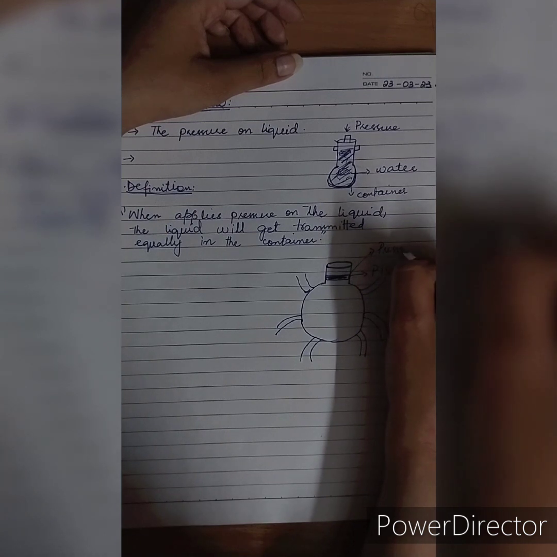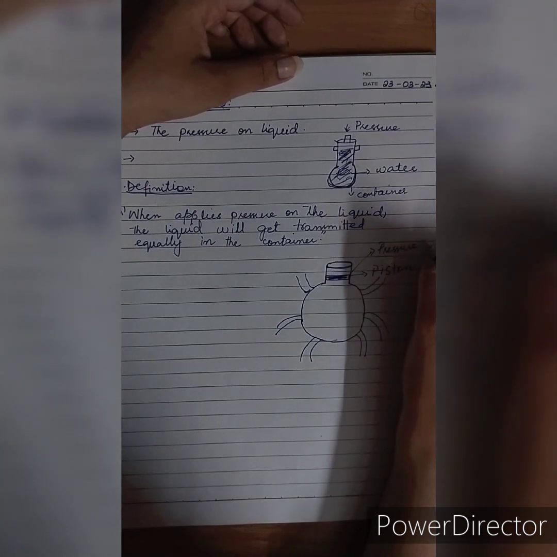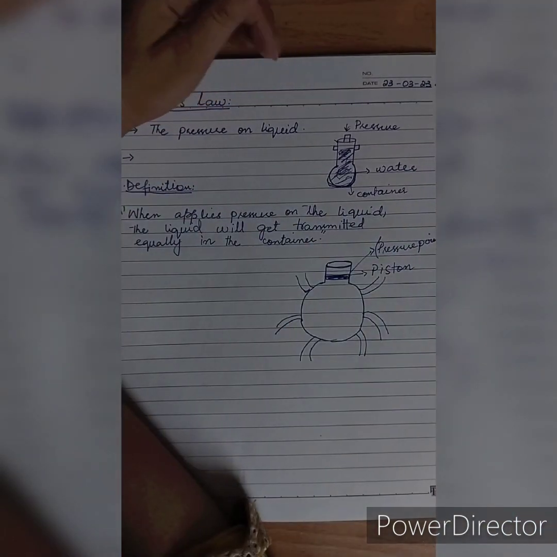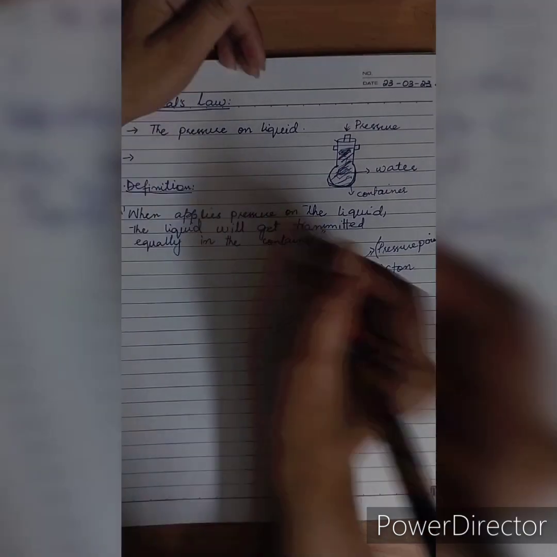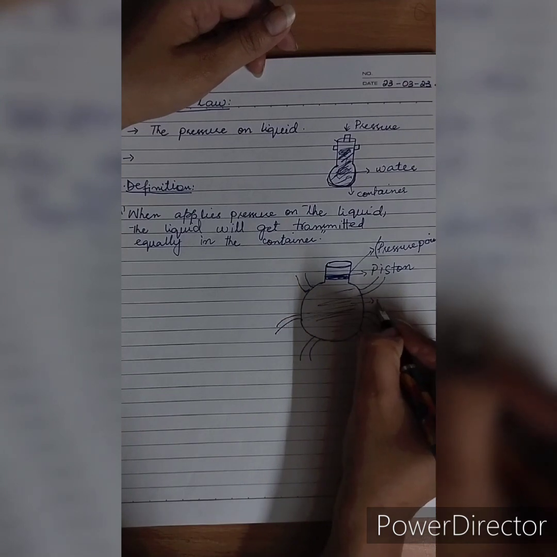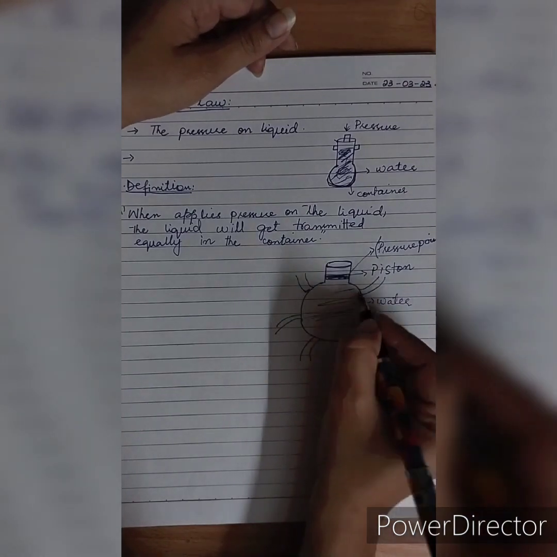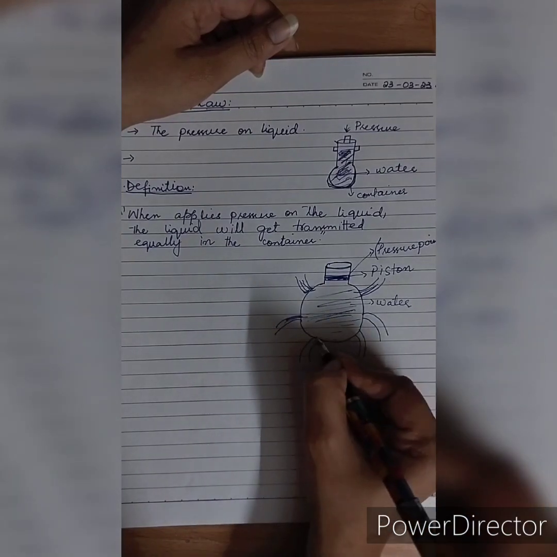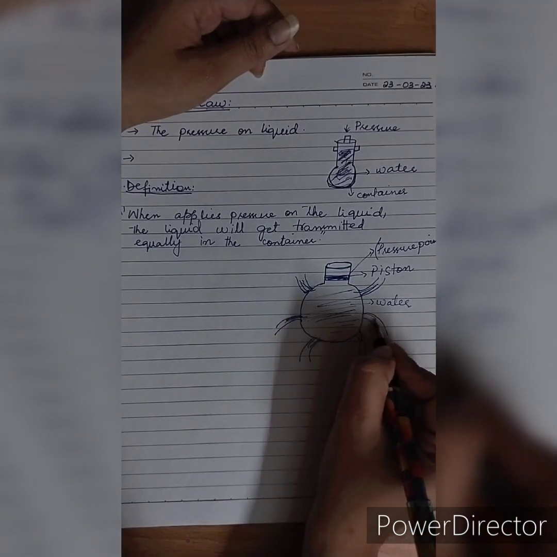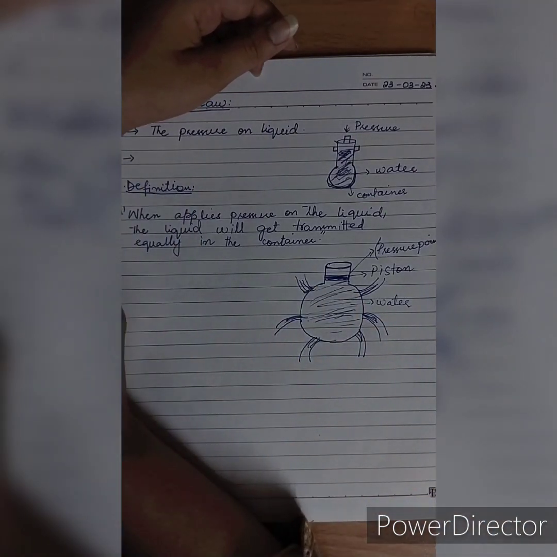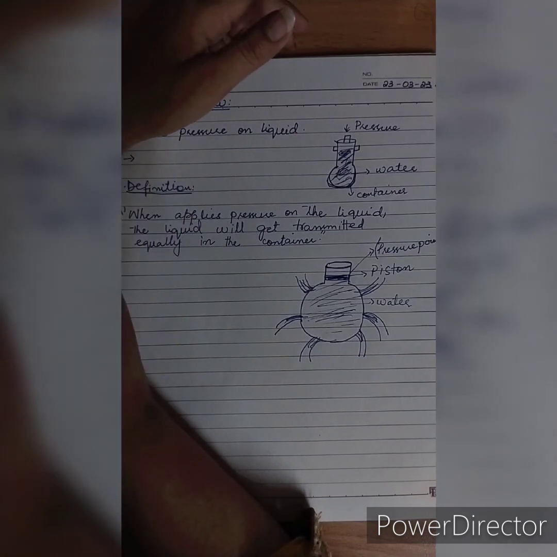In other words, for understanding, I'm writing it as the pressure point. You're not supposed to write it over here because it is basically a piston, but this is also the point where we are going to apply the pressure. Whenever we apply pressure on the water that is filled inside it, it will get transmitted in all directions, in all the openings in which it is enclosed. This is all about Pascal's law.